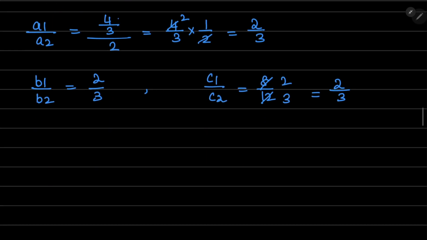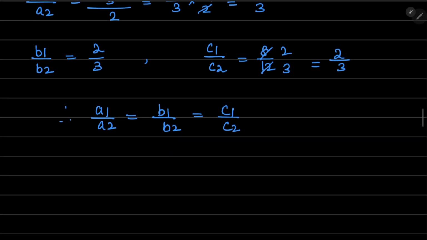Again, what can I write? Therefore, I can write a1 by a2 is equal to b1 by b2, and this is also equal to c1 by c2. So here the lines will be coincident lines, that means overlapping lines.